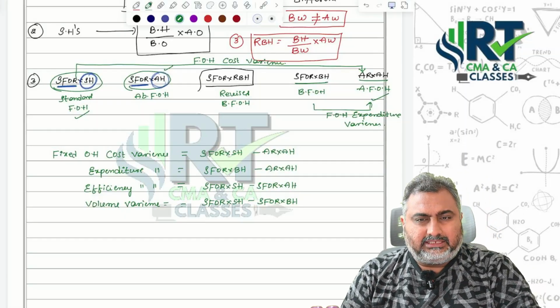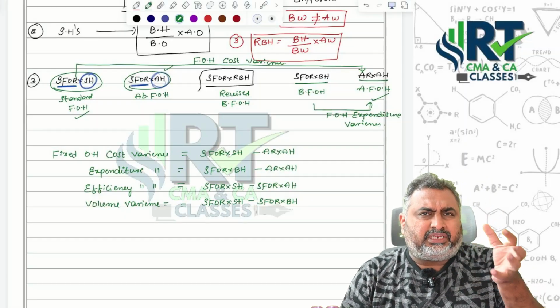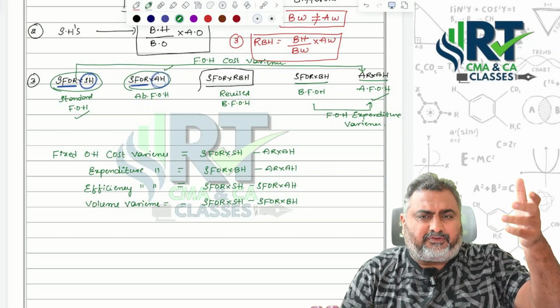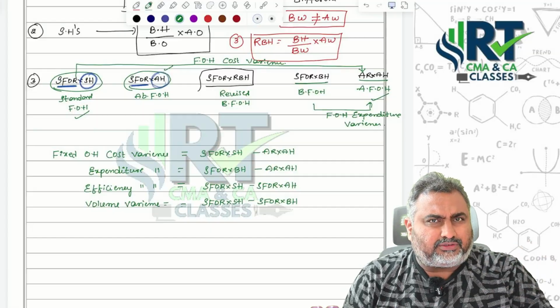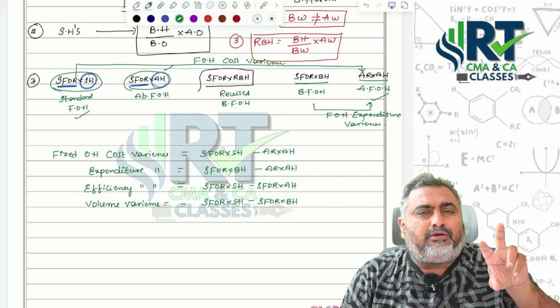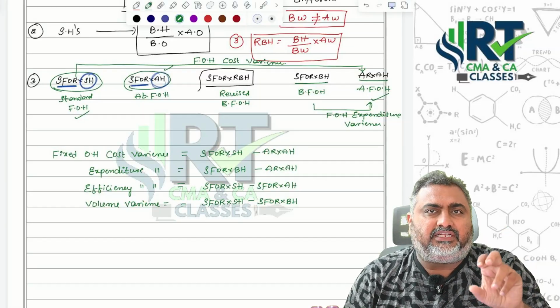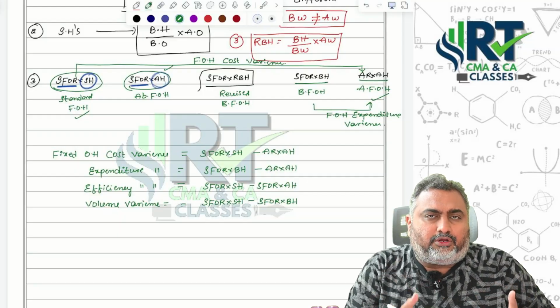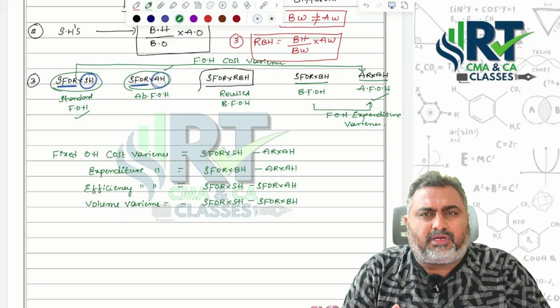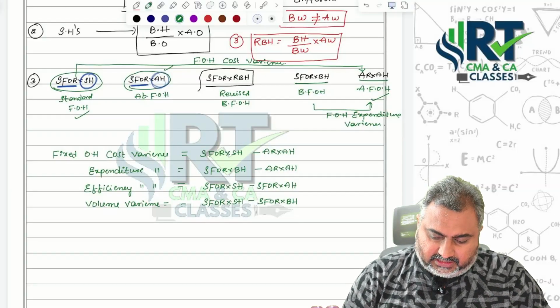Okay, Nana? Sir, how to remember? Because the majority of the students will remember the first three formulas very easily: cost variance, expenditure variance, efficiency variance. They will make mistakes with capacity variance and volume variance. That's the reason, learn the logic for volume variance, then automatically you can remember the capacity variance formula very easily.